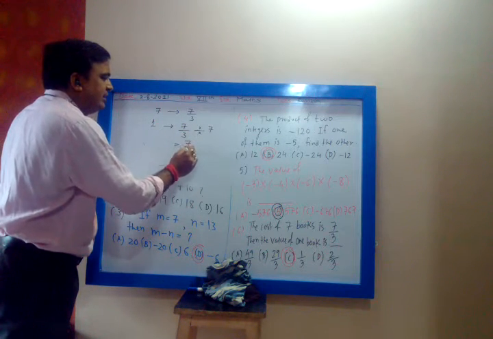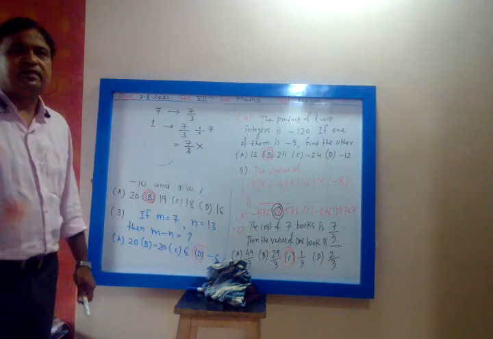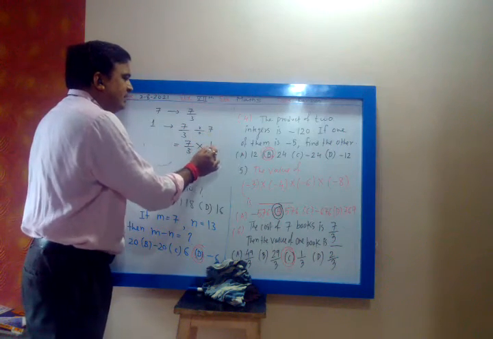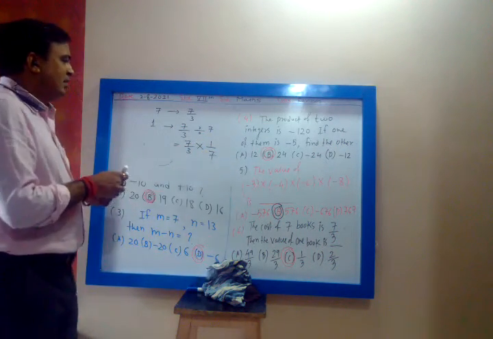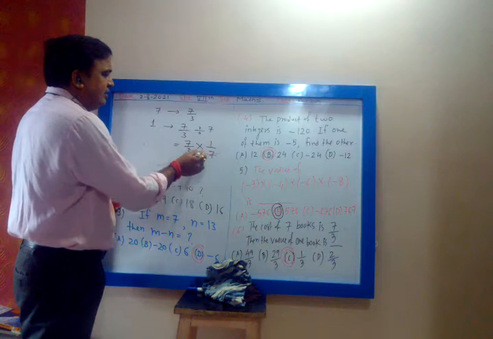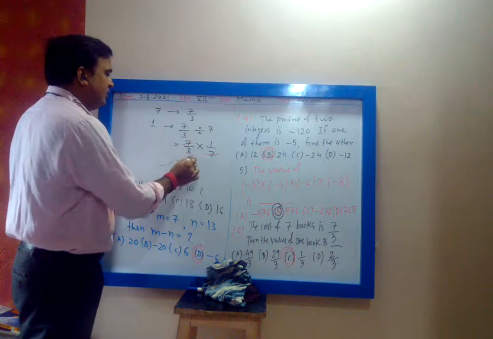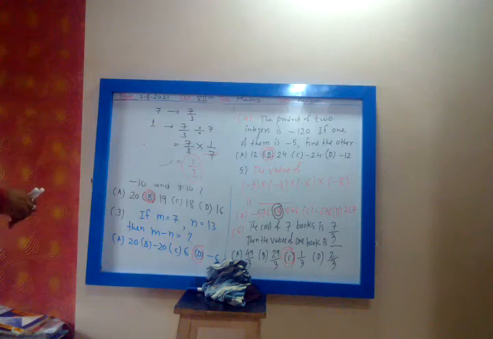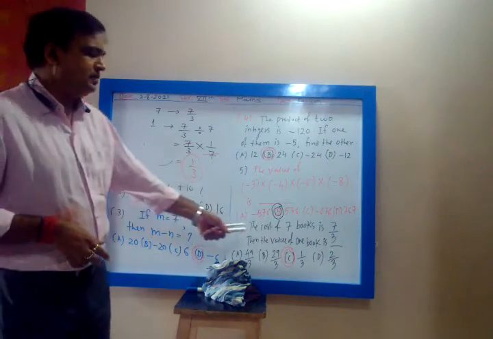So that will be 7 by 3 into the reciprocal of 7, which is 1 by 7. Now the 7 of the numerator gets cancelled with the denominator. What is left? 1 upon 3. So the correct answer was 1 upon 3.